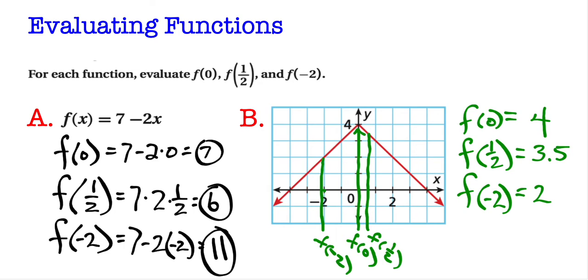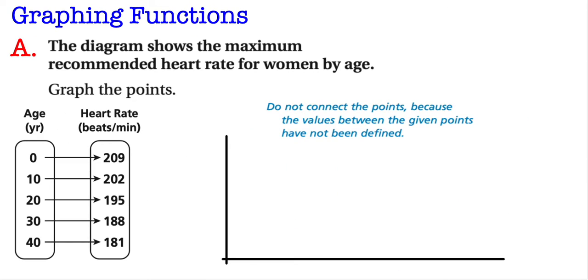So this would be kind of like what interval notation would be for. This type of information is just set points. We don't know the answers in between 0 and 10. We don't know the answers between 10 and 20. This is just 5 individual points. So this would be like roster notation or something similar, because it's just individual things. So we don't connect the lines because we don't know the answers between them.